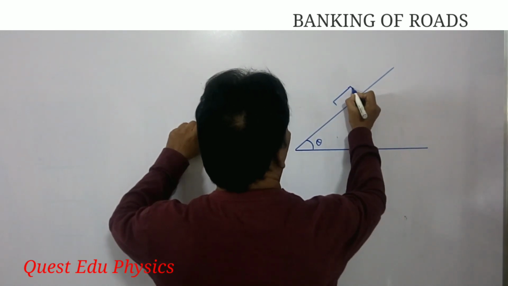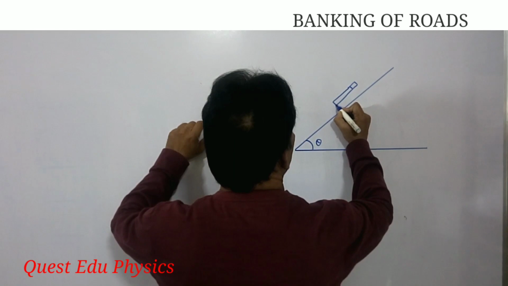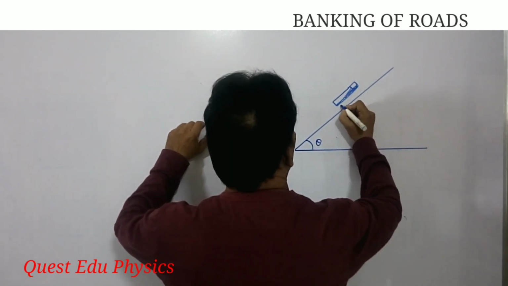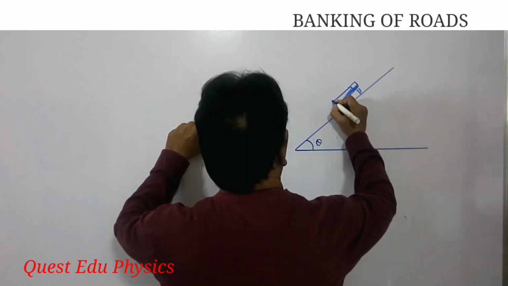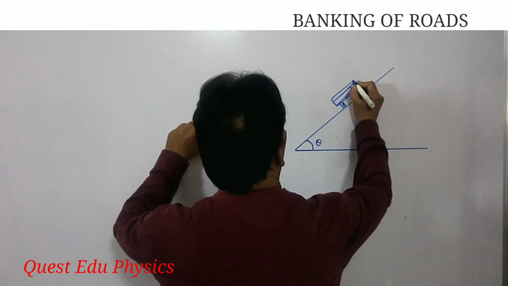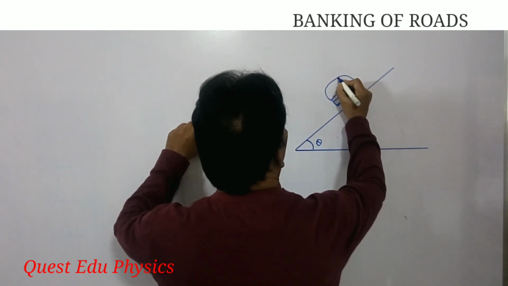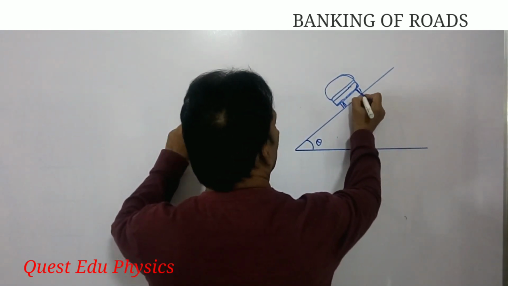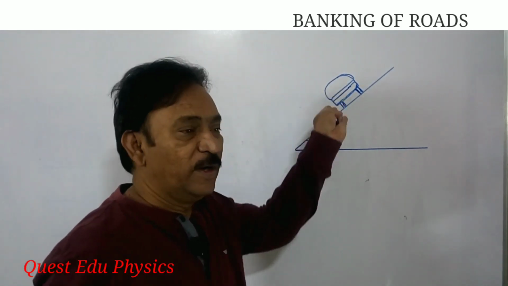It is the vehicle and these are the tires of the vehicle. I am showing the back part of the vehicle. Okay students, the vehicle is moving in this way.